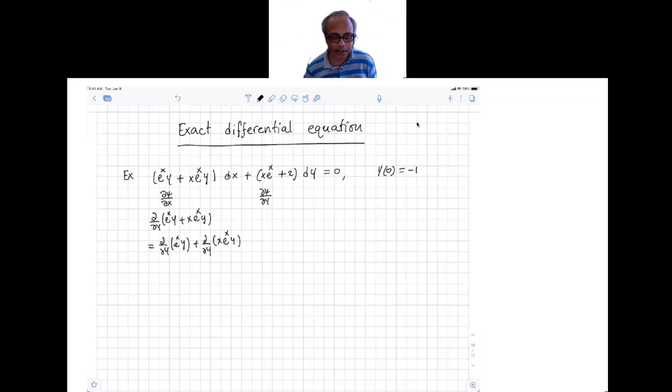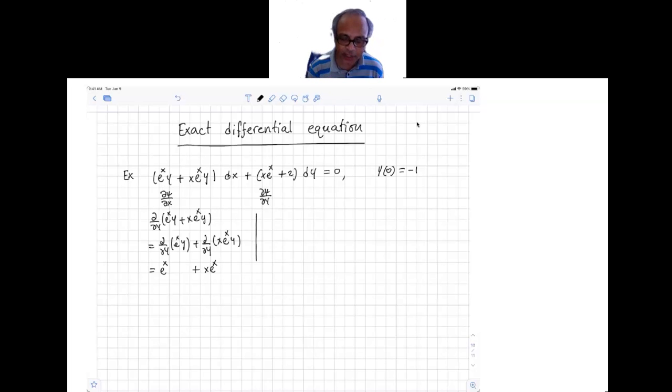Differentiate e to the x times y first, then x e to the x times y next. In the first term, e to the x is a constant because you are differentiating with respect to y, and the derivative of y is 1. In the second term, x times e to the power x is constant, and you are differentiating with respect to y.